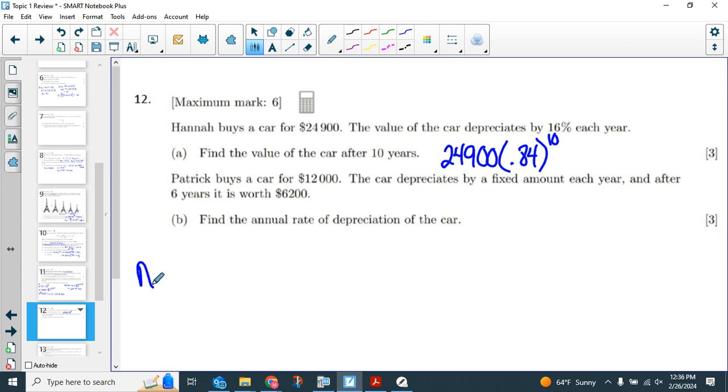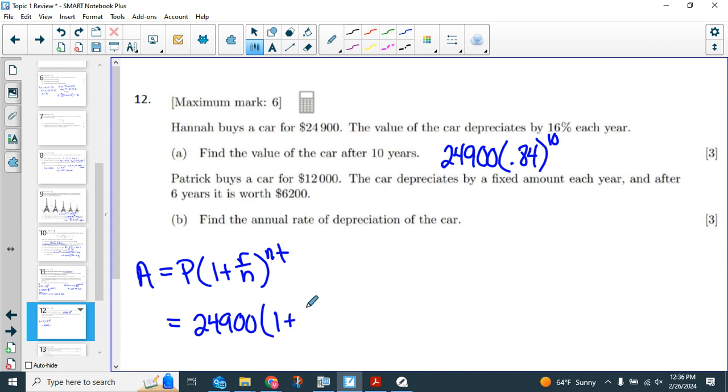All right. Now, that is the exact same thing as if we did A is equal to P times 1 plus R over N to the NT. So here my P would still be 24,900. We would have 1 plus, well, technically this would be minus because we're depreciating. And then we would have 16%, which is 0.16.